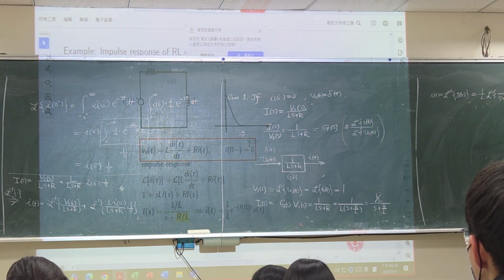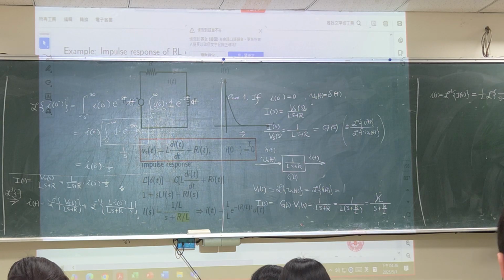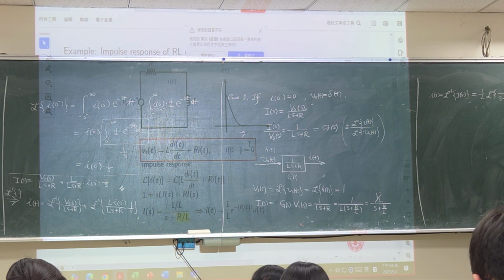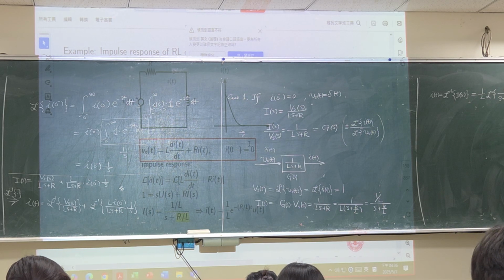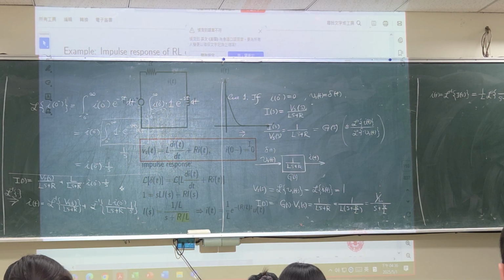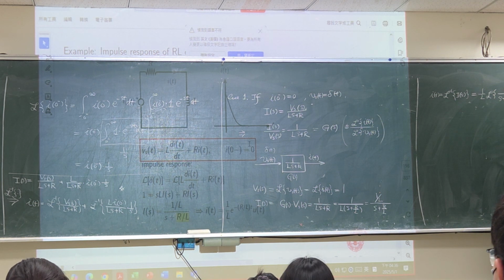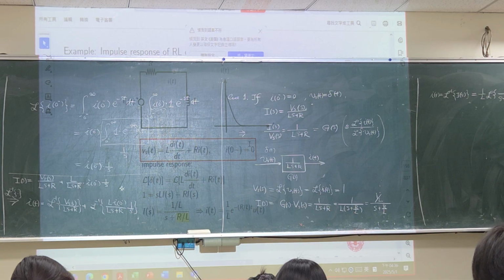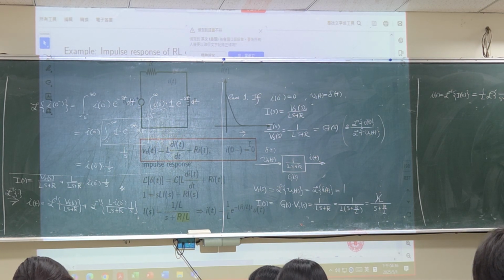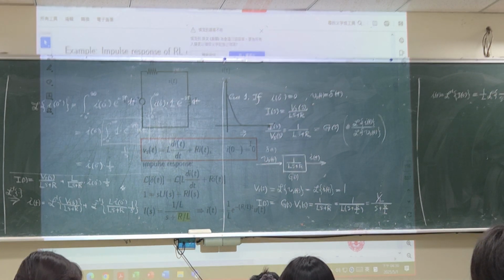Okay, now can anyone tell me what is the inverse Laplace transform of (1/L) over (s plus R over L)? What's this? That's equal to e to the what?